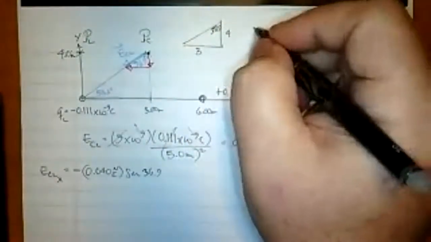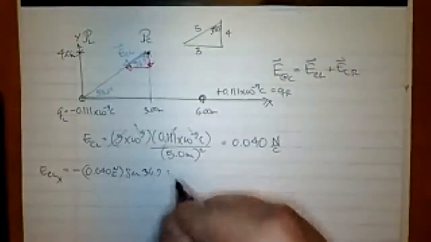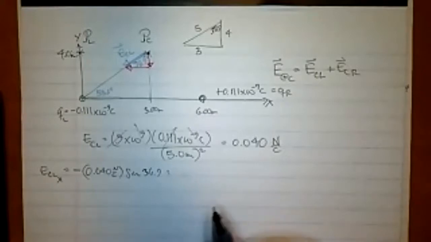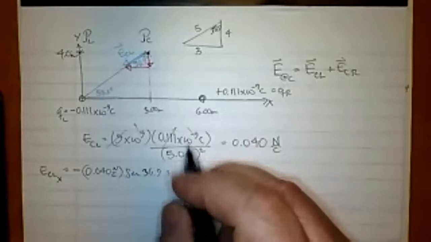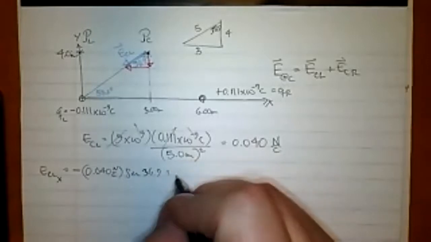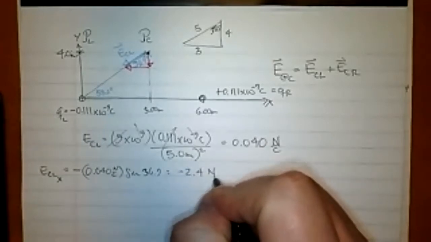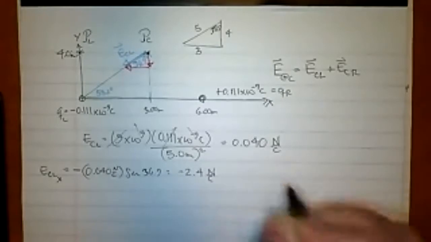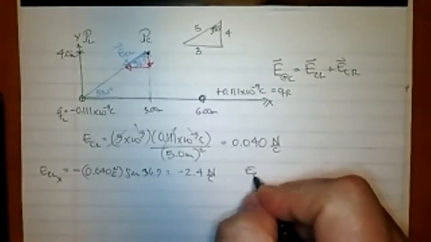You can see that the sine is opposite over hypotenuse, so that's 3/5. When you multiply 3/5 times 0.04, that would be 0.8 times 3, which would be 2.4. So this would be negative 2.4 newtons per coulomb in the negative x direction.